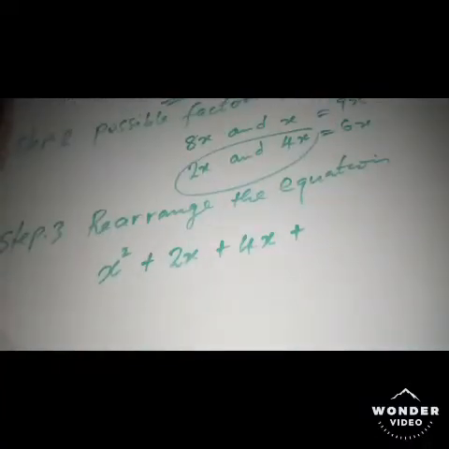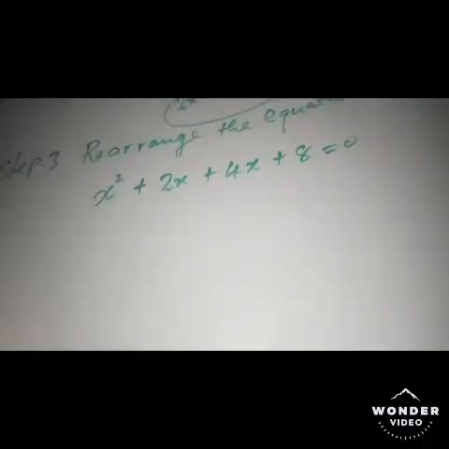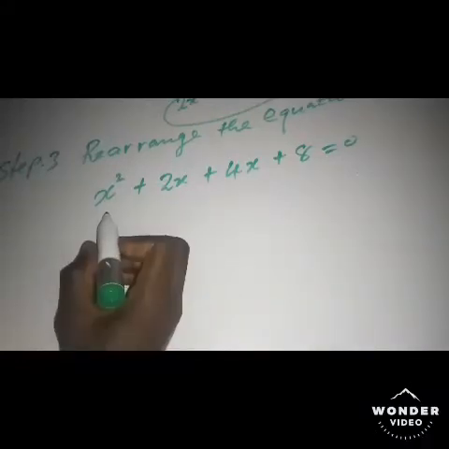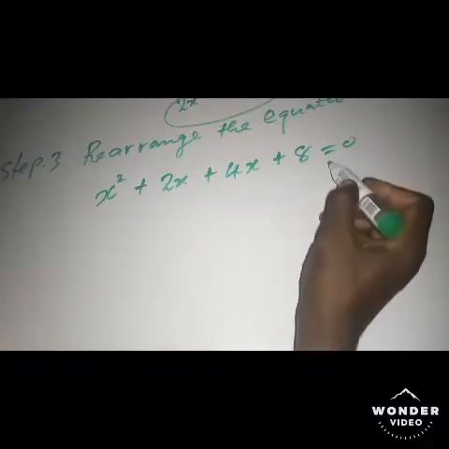But at step number 3, rearranging the equation gives us x squared plus 2x plus 4x plus 8.